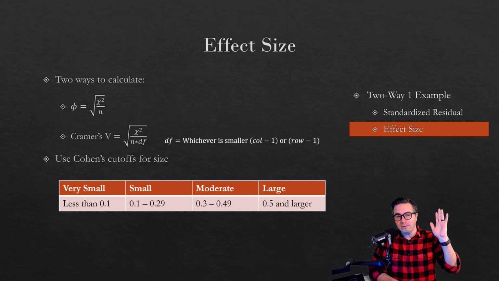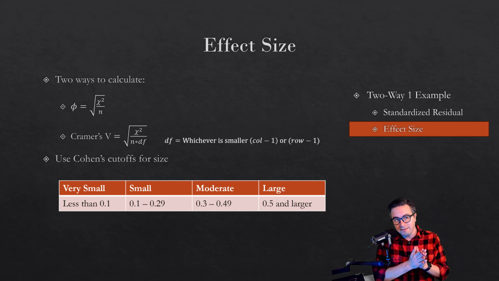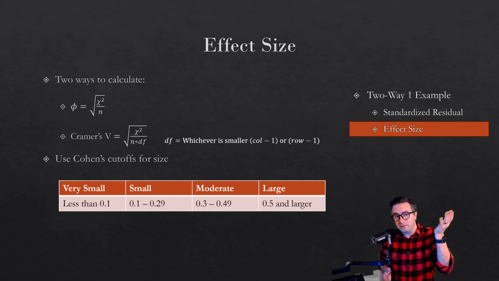The cutoffs we're going to use for this class: it's very small if it's less than 0.1, small if it's between 0.1 and 0.29, moderate if it's 0.3 to 0.49, and large if it's 0.5 or larger. Remember, the chi-square tells us if there's a relationship. Effect size, in this case phi or Cramér's phi, says the strength of that relationship, and that's what we're finding here.